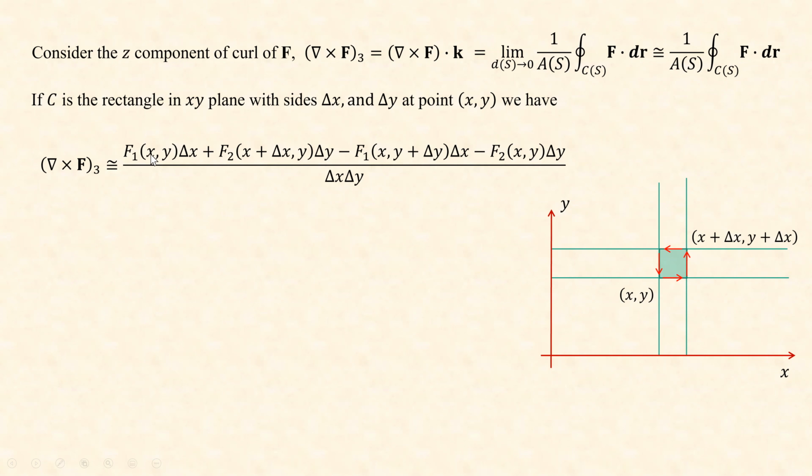So I say f1 at x, y, times delta x, plus f2 evaluated at x plus delta x and y, times delta y. So we have these two. And then for this one, we evaluate the x component at the position x and y plus delta y, which is this point, and multiply by delta x, and it's negative because we're going in the negative x direction.